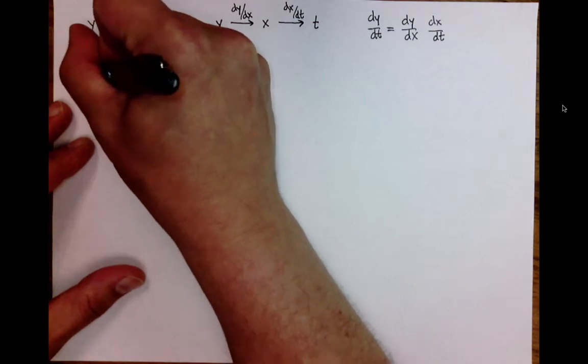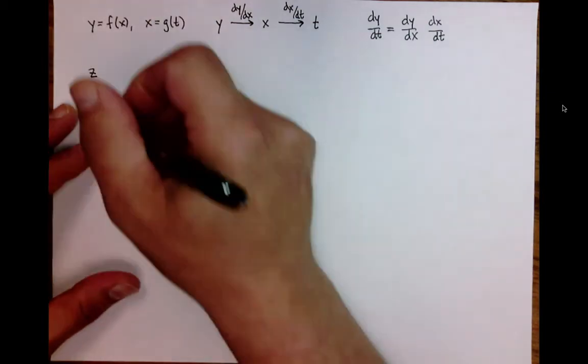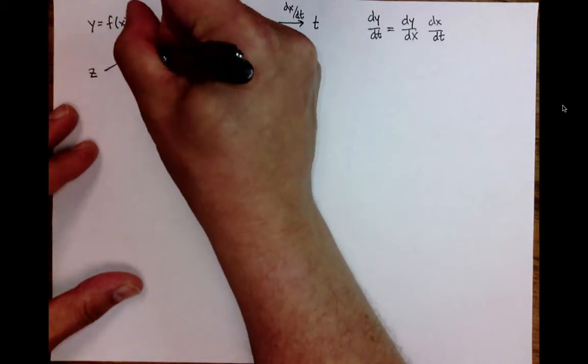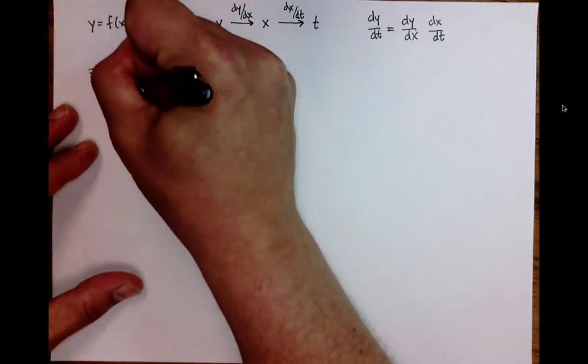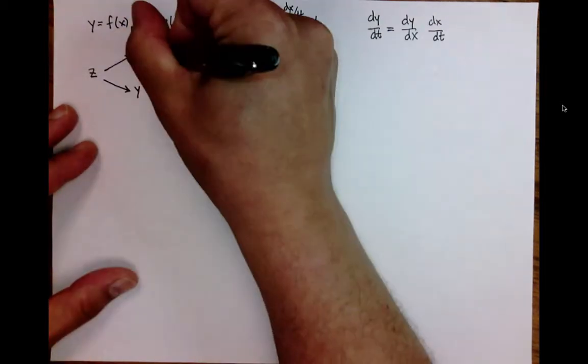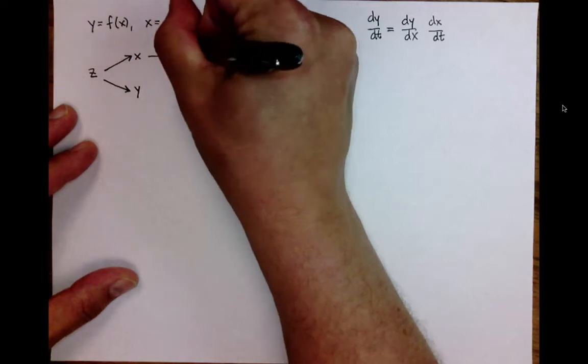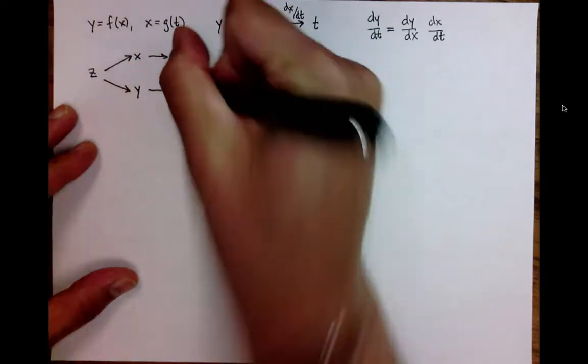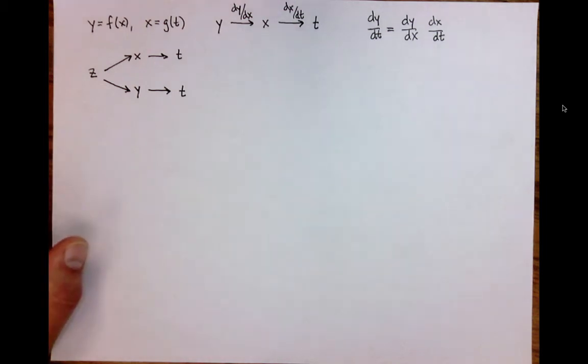So let's start with a scenario where z depends on both x and y, and then each of those variables depends on t. Now along each branch of dependency here, we have a derivative.